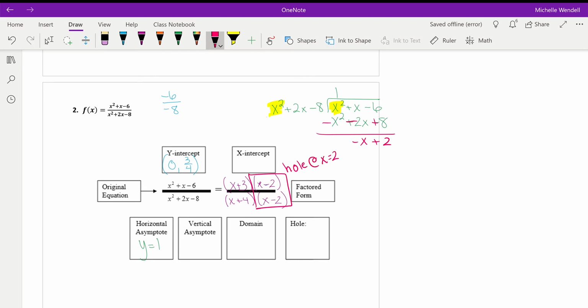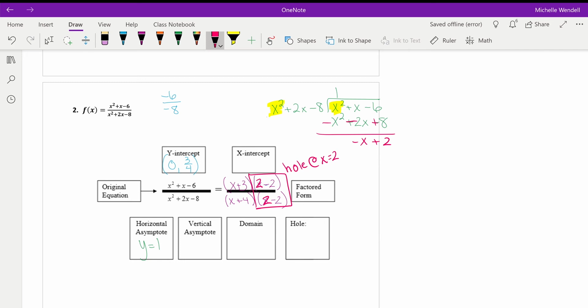The reason there's a hole there is because if I plug in 2 for the x values on those, I get 2 minus 2 over 2 minus 2, which is 0 over 0. And that 0 on the bottom creates an undefined point in the graph. And so it's a hole there.